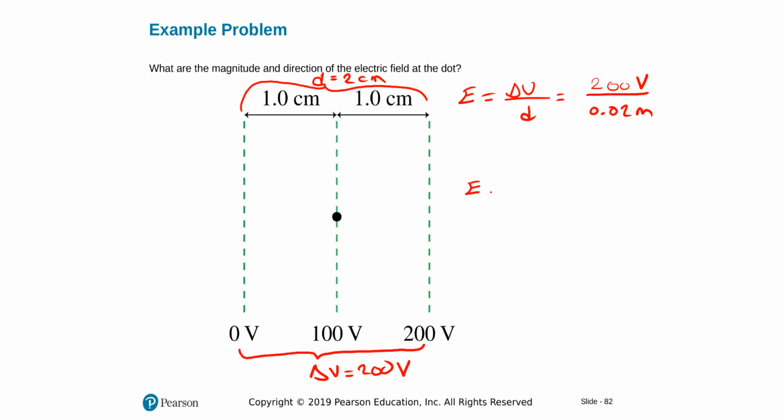How much is that? 1 times 10 to 4 volt per meter. We came to a point of seeing that this actually brings us another unit for electric field, volt per meter. It's equivalent to Newton per coulomb.